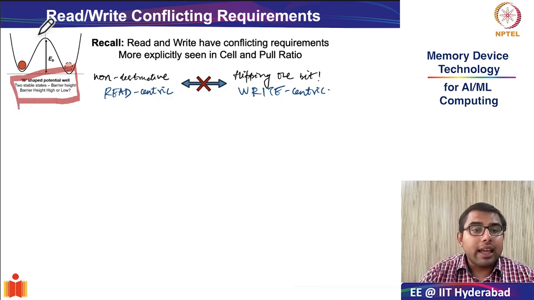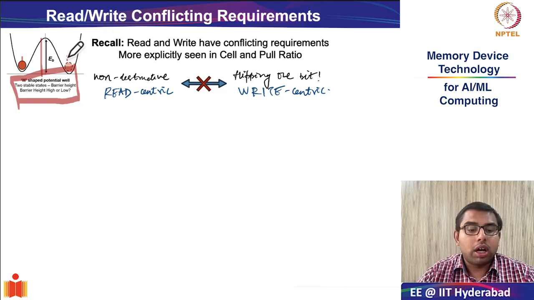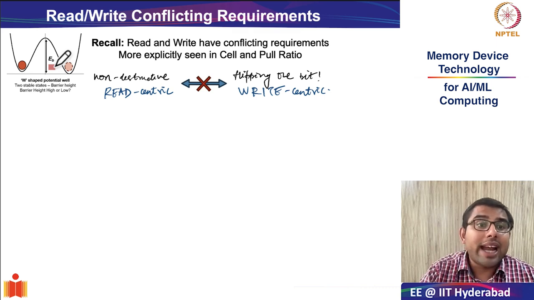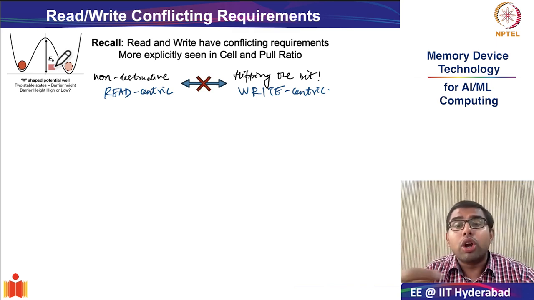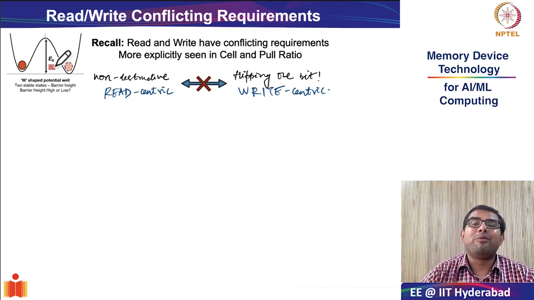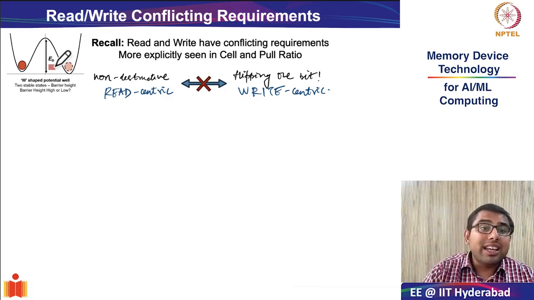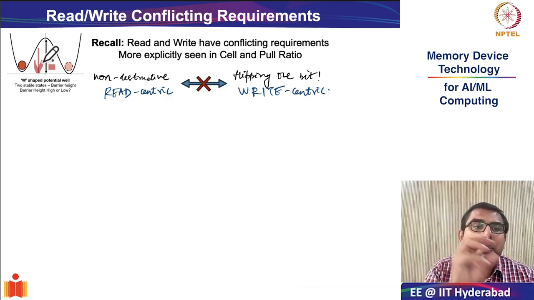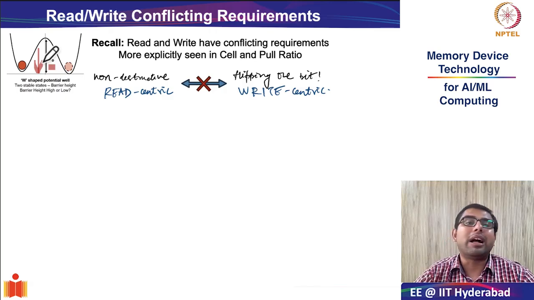And we discussed that if the height of this energy barrier, which is separating these two stable configurations, is very high, indeed you will get higher noise stability in hold and read operation, but writing will become very difficult. And if the barrier is too low, then of course write ease will improve, but the stability during read and hold will become worse.